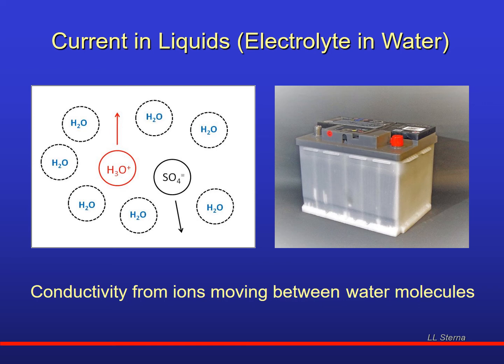You notice the positive charge moves up, the sulfate negative moves down. What's the direction of current? The direction of current. Think about it. Say, well, are those two canceling? No. Positive charge moving up would be a current flowing up.